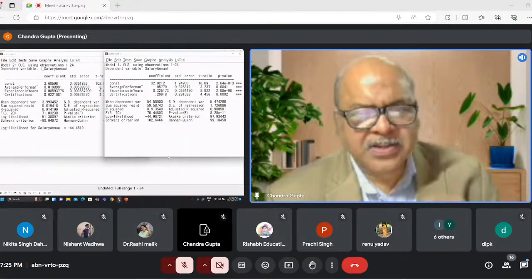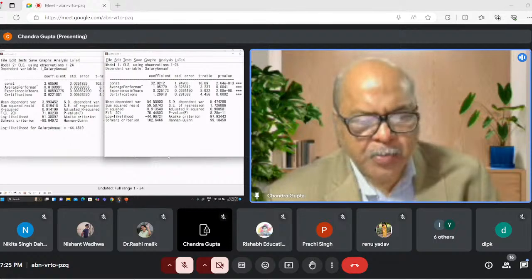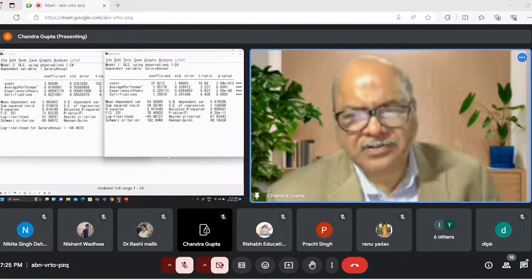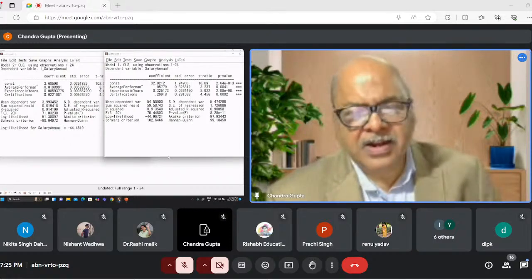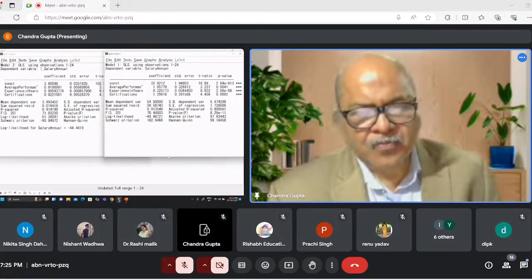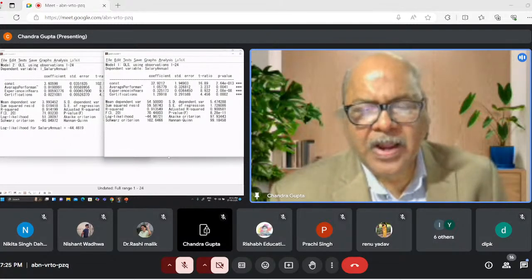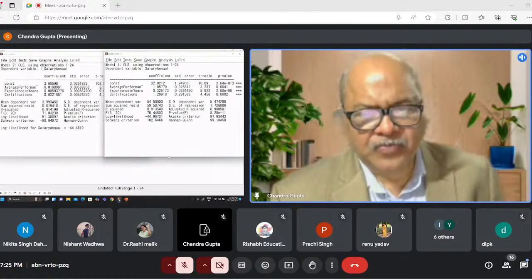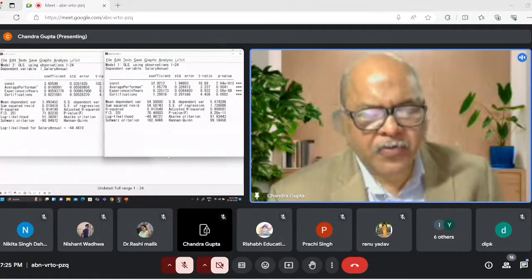So that person's salary will increase by 0.005%. That's how we understand this. Any question here? Any doubt? Any query for any one of you have?